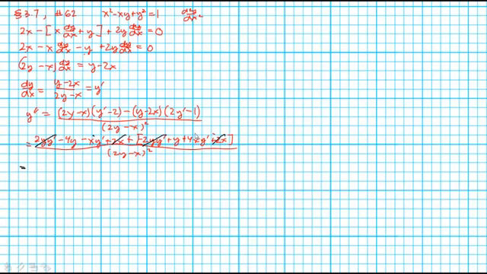Combining these two terms together, I get 3xy prime, and combining those two terms together, I get a negative 3y, and this is all over (2y minus x) squared.